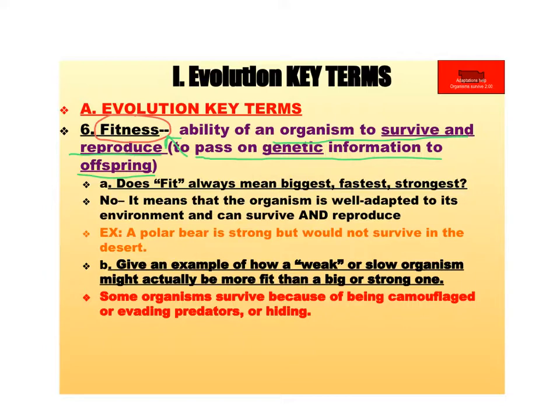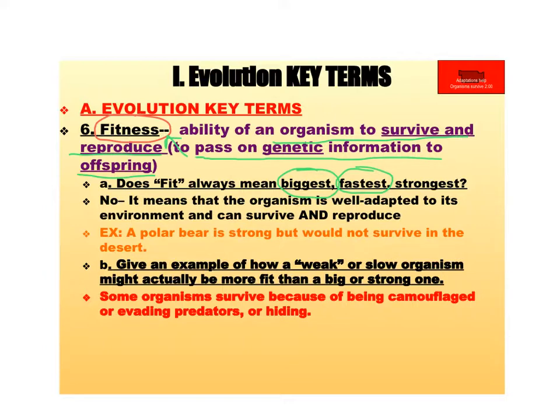So in the wild, sometimes fit could mean the fastest. If you're a cheetah, you want to be fast because that is your adaptation. That's your advantage. If you're a faster cheetah, you have a better chance to catch the gazelle. If you're a really, really big bear or a big lion, the biggest lions, the male lions, they fight for the right to mate with the females.